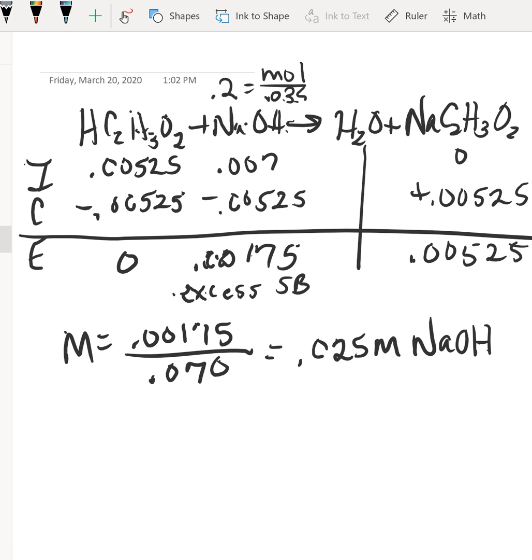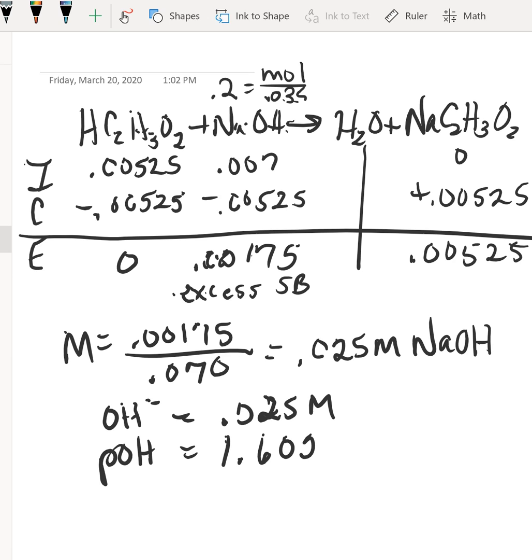All right, and if this is a strong base, then that means that's the molarity of my OH minus because all of it separates. So then I can find my pOH by doing negative log. So 1.602. And then I can find my pH.